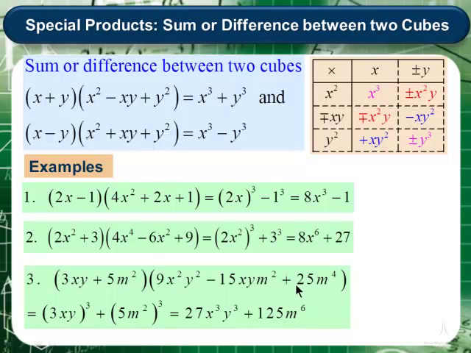Also the final or third term on the right is the square of the second term, and we have the product of the two terms here, 15xym squared with a negative, which obviously fits the structure of the sum of two cubes expansion, and we can immediately write down the answer as the cube of the first term plus the cube of the second term, simplify, and we have this particular expansion as the final answer to the product in this particular case.